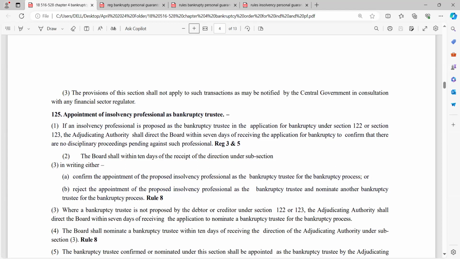Not 122, 110, sir. Okay. So 110. So he may or may not participate, right? He may or may not participate in this repayment plan.